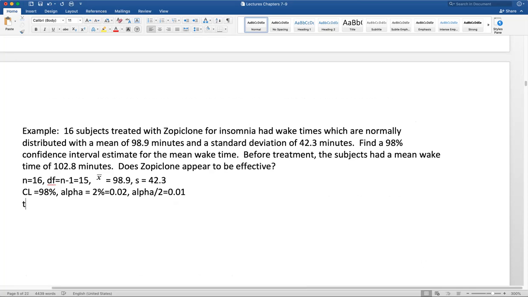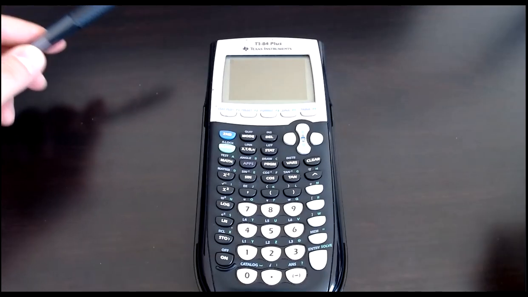T sub alpha over 2. Let me skip writing the subscript alpha over 2. The critical value t is going to be lowercase t, right? So let's find this critical value using the calculator.